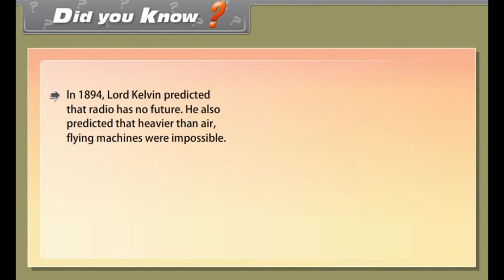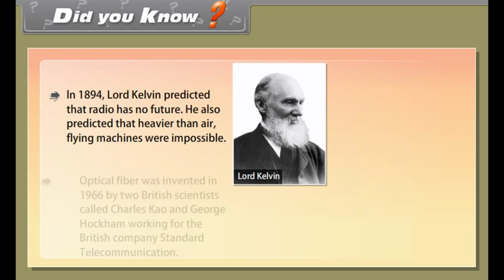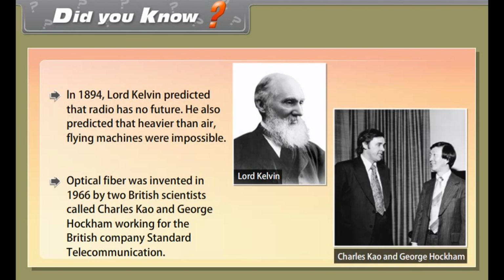Did you know? In 1894, Lord Kelvin predicted that radio has no future. He also predicted that heavier-than-air flying machines were impossible. Optical fiber was invented in 1966 by 2 British scientists called Charles Kao and George Hockham, working for the British company Standard Telecommunications.